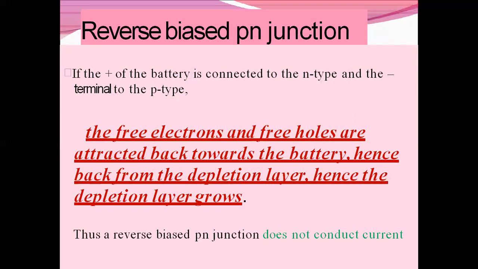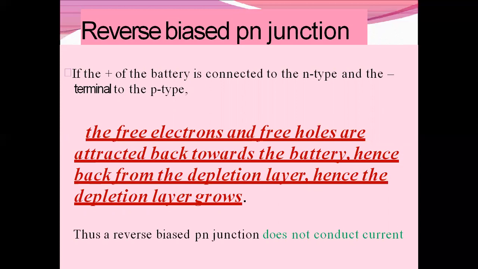In the reverse biased PN junction diode, if the positive of the battery is connected to the N-type material and the negative terminal to the P-type semiconductor material, then it is said to be working in the reverse bias condition. The free electrons and free holes are attracted back towards the battery, hence back from the depletion layer, so the depletion layer grows.